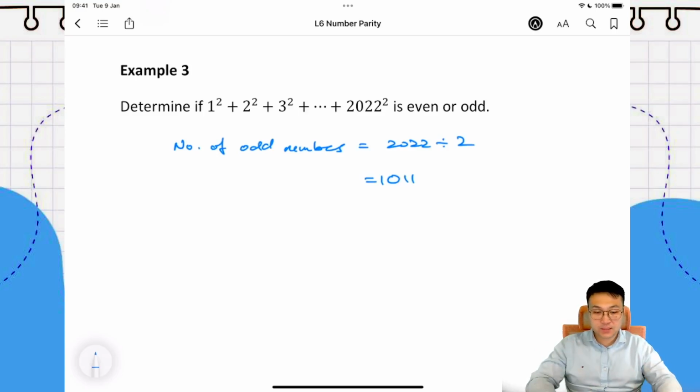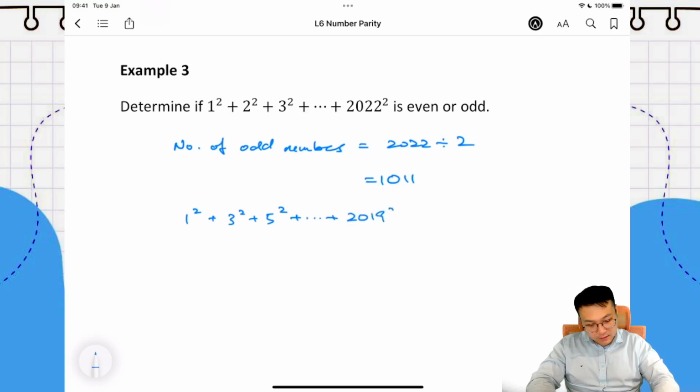There are 1011 odd numbers from 1 to 2022. Let's take a look at all the odd numbers, up till 2019, up till 2021. So these are all the odd numbers.